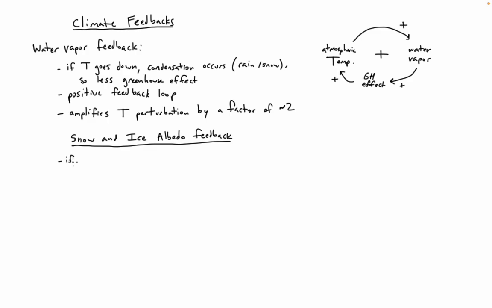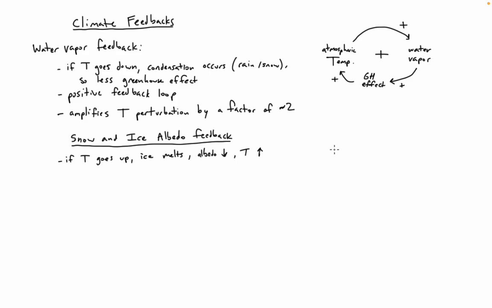In this case, if the temperature goes up, ice melts, the albedo goes down, so there's less reflectance, which is going to cause the temperature to go up.